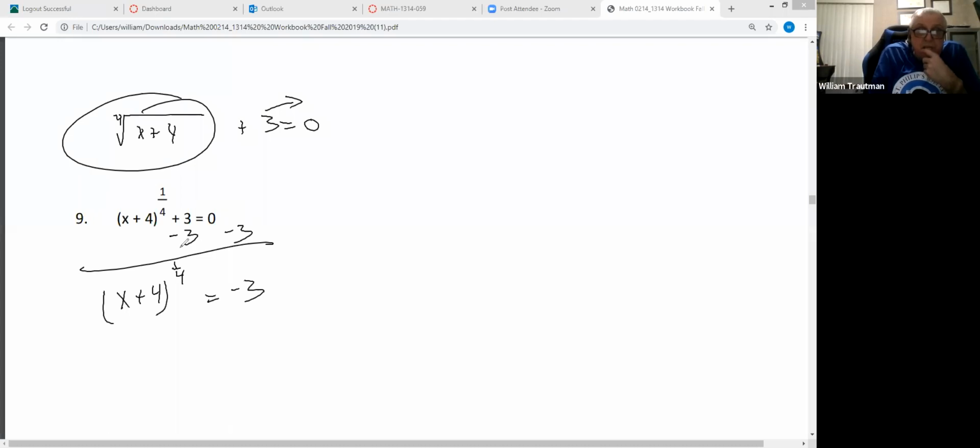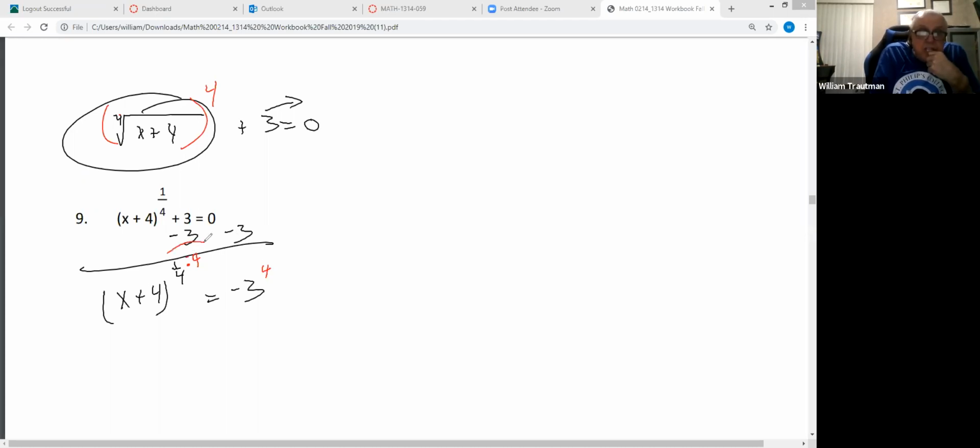It's the same thing. The opposite of fourth root is fourth power. So I'm raising both sides to the 4th power. I'm raising this side to the 4th power, this power to the 4th power.